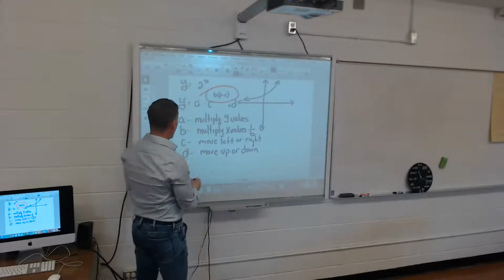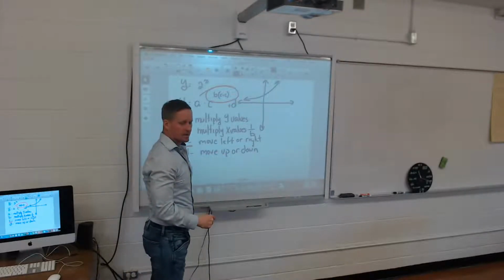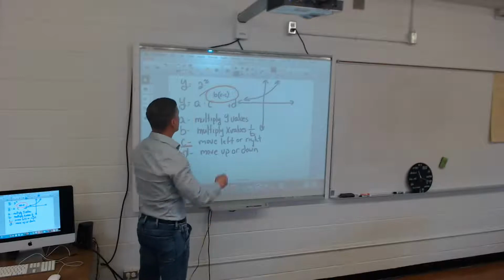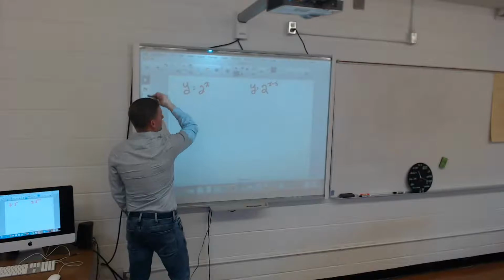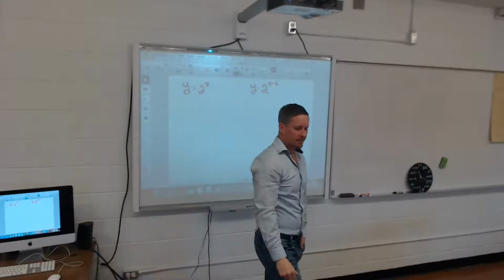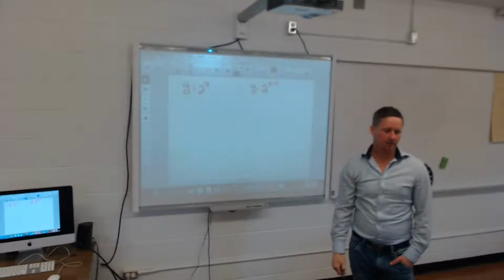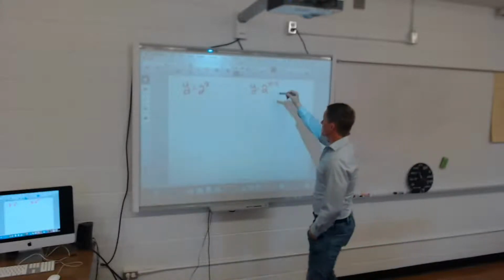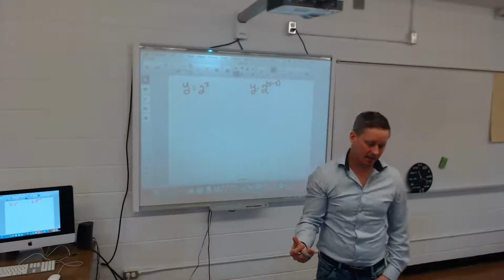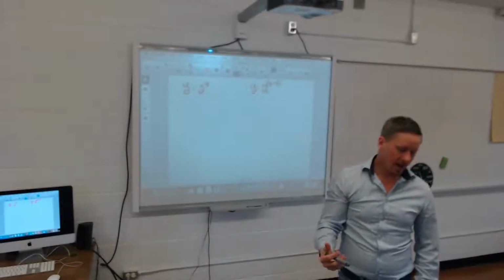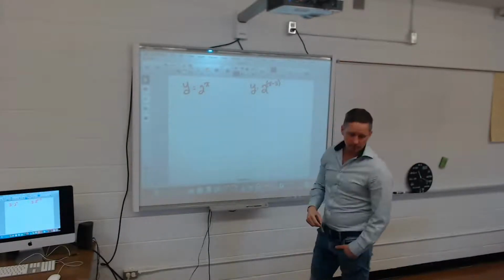What does the c do to the graph? Moves it left or right. Okay? So now, what happens to this graph? Left 5. Right 5? Right 5. Because it's beside x, remember I know there's no brackets in this, so we have to know that it moves to the right 5. Okay? All right.